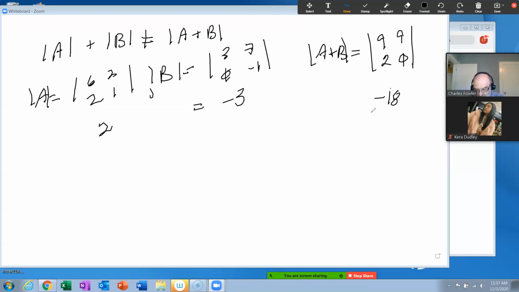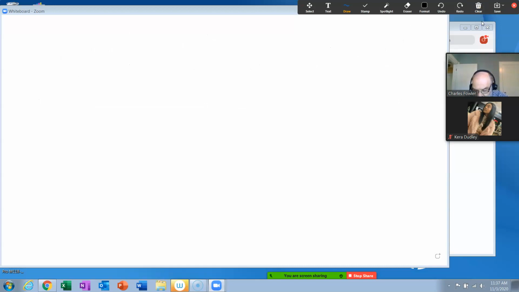Let's take a look at these two. I think I'll go on and clear my screen here. Here is matrix A. Now, because I'm going to turn around and do a determinant, I'll just go and write it in.